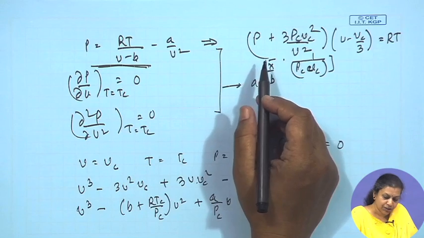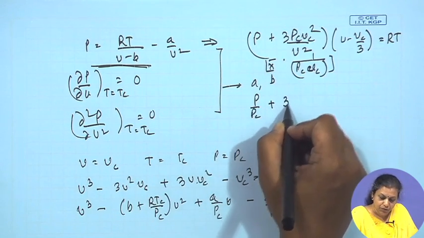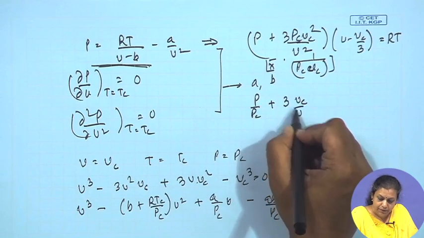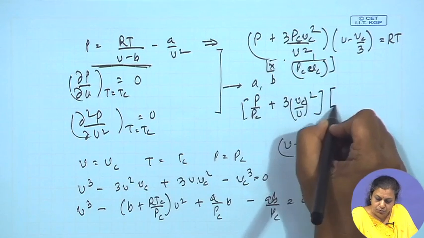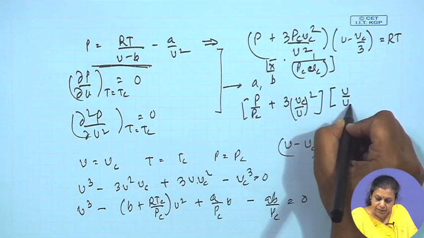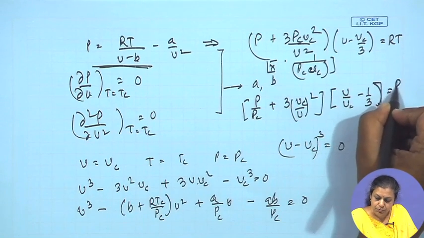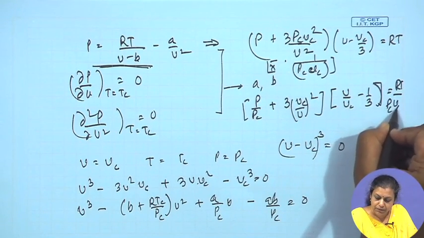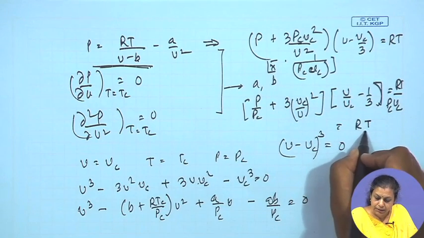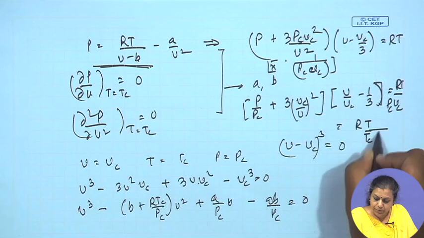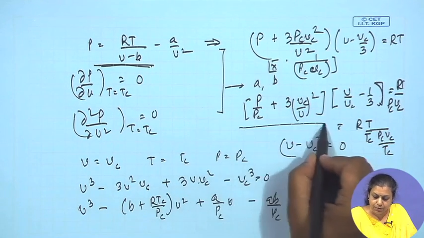Just observe the equation very carefully. I get P by Pc plus 3 (Vc by V) whole square into V by Vc minus 1/3 equals RT by PcVc. This RT can also be written as RT by Tc into PcVc by Tc. Can I not write it down in this particular way?